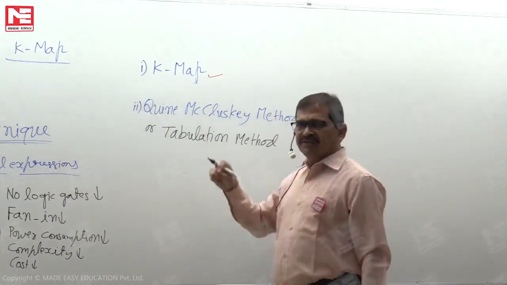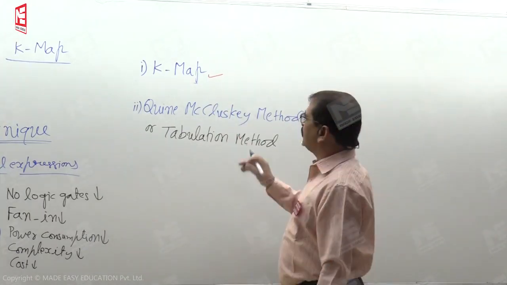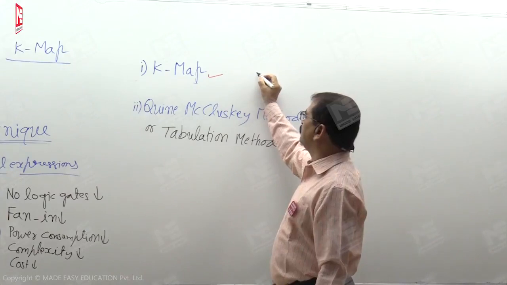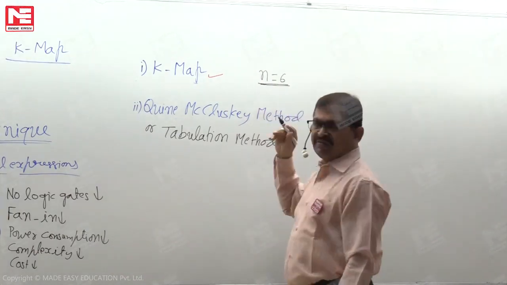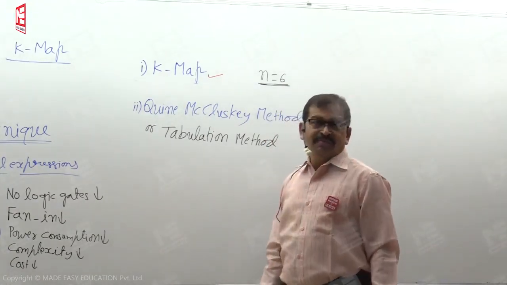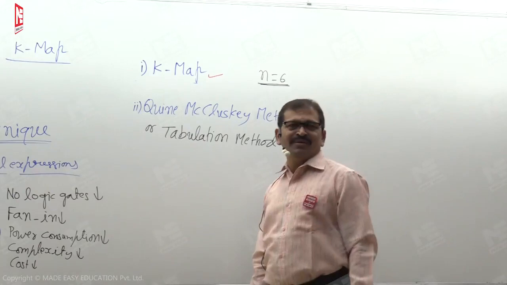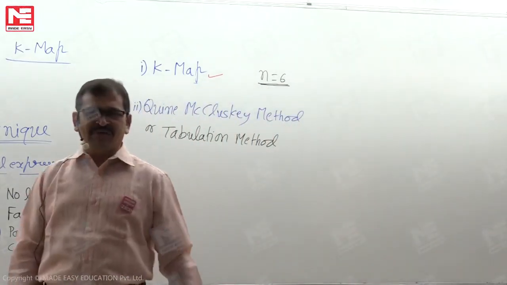A few small points among these two procedures. With the K-map procedure, we can use at the maximum up to 6 variables. Beyond 6 variables, it is not possible to use the K-map procedure; it won't work out.